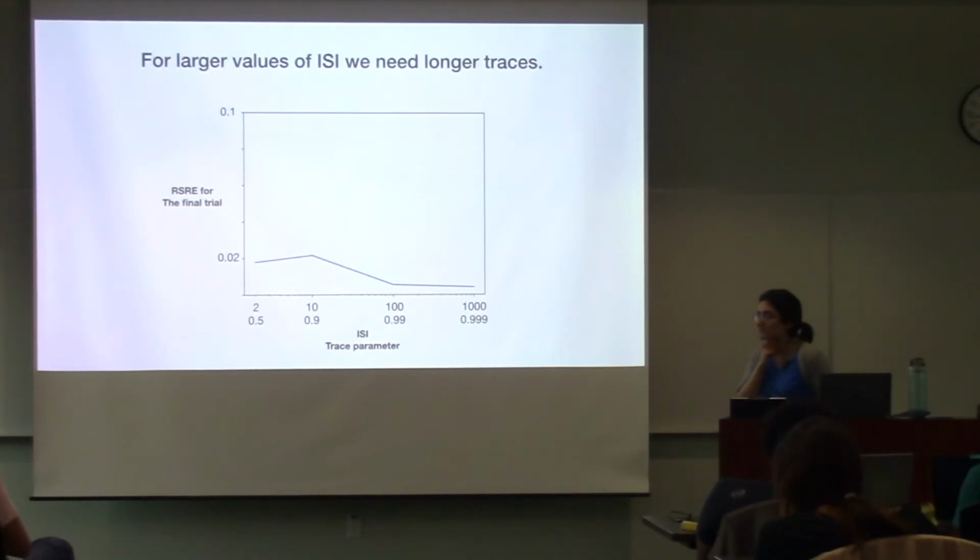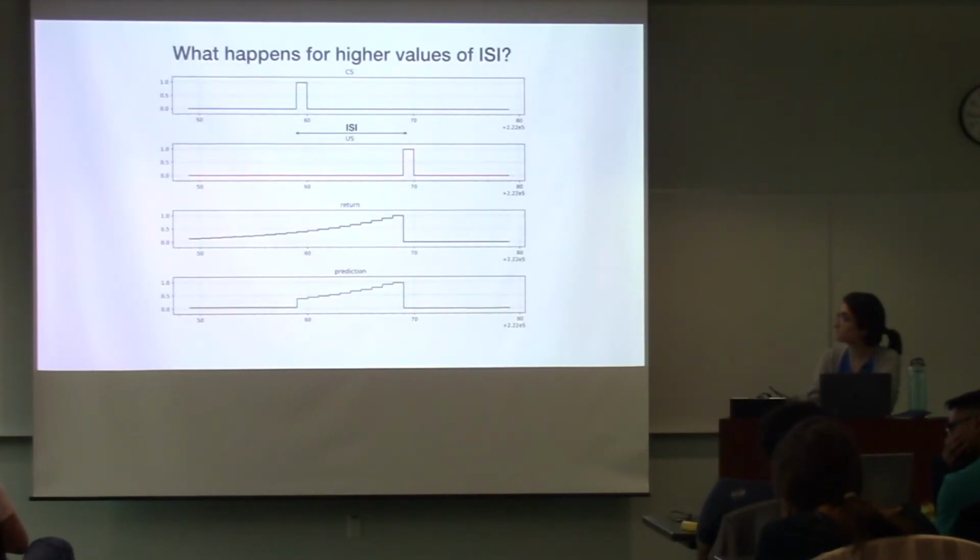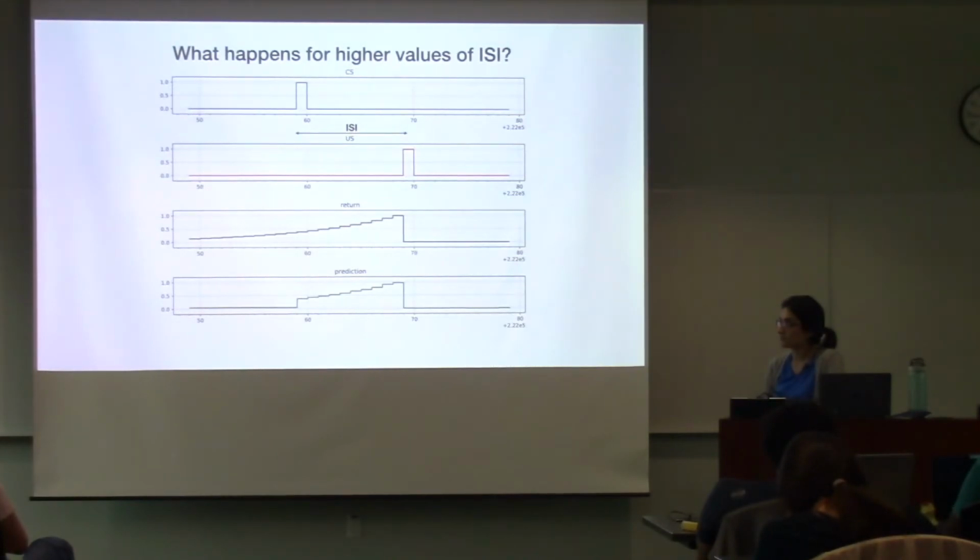I was thinking about a broader question, going back to whether this is the ideal prediction target. In a way, what you're trying to do is predict when the unconditioned stimulus occurs, given when the conditioning stimulus occurred, right?